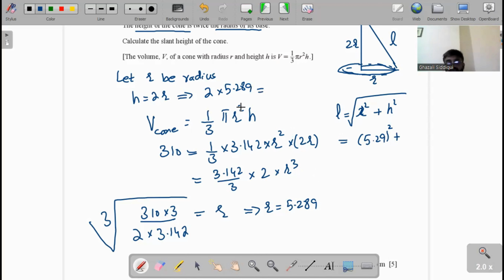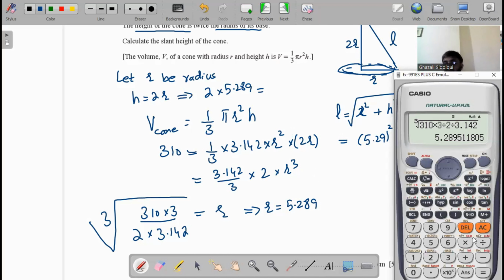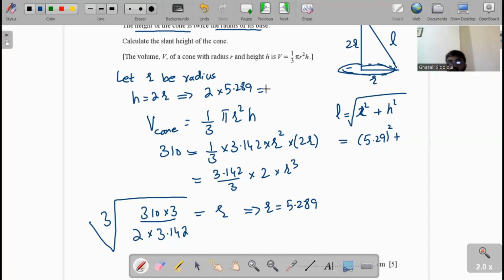We get 10.57, 10.58. We can write it as 10.58.